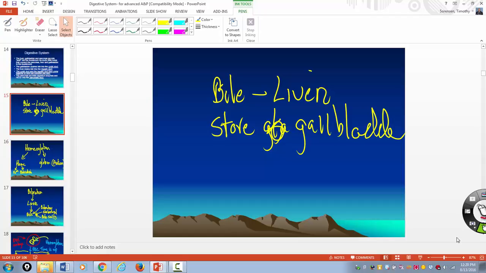Okay, so bile is produced in the liver, and then it's stored in the gallbladder, as I explained before.